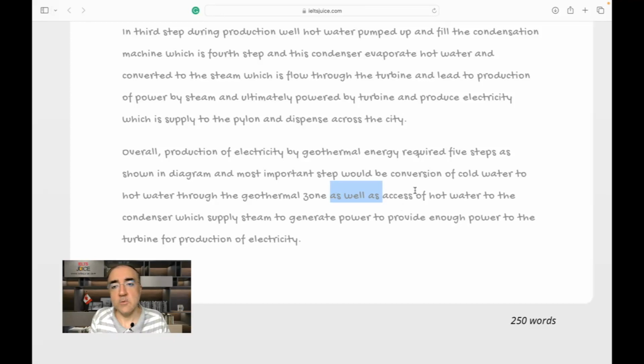Access of hot water has access, like I have access to the internet, and hot water has access to condenser. Not good. Which supplies steam. No, the condenser does not supply steam. To generate power, to provide enough power to the turbine by producing electricity or by electricity production.